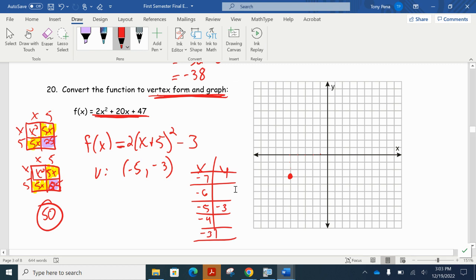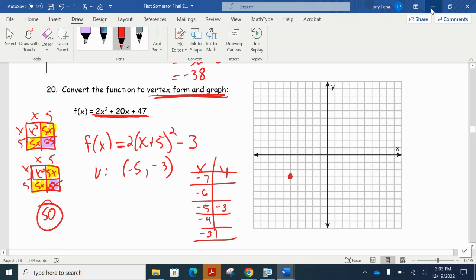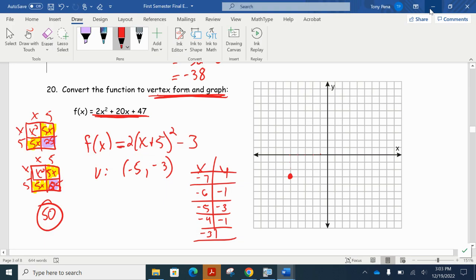We'd go to our table. All right. The -3 was surrounded by -1s. So we know each of these are -1s. And then 2 in front and 2 behind were 5 and 5. And then we plot those.